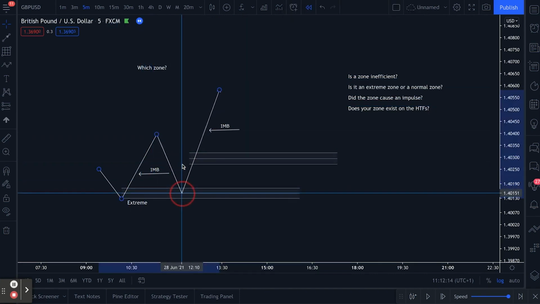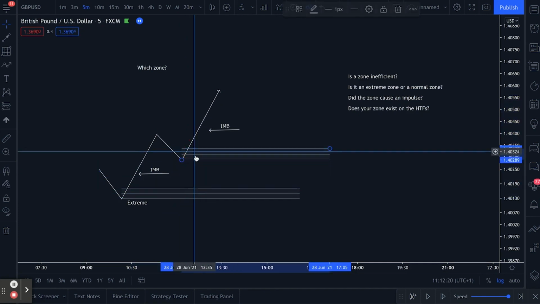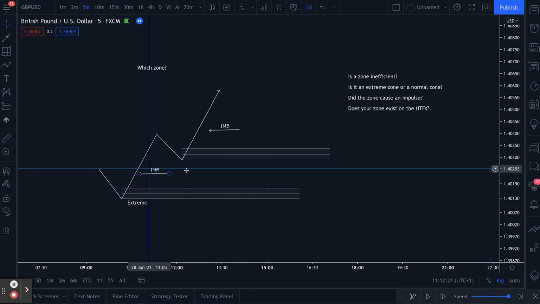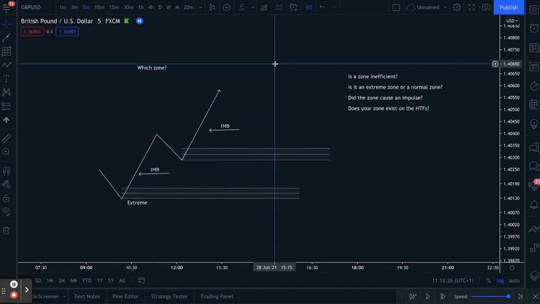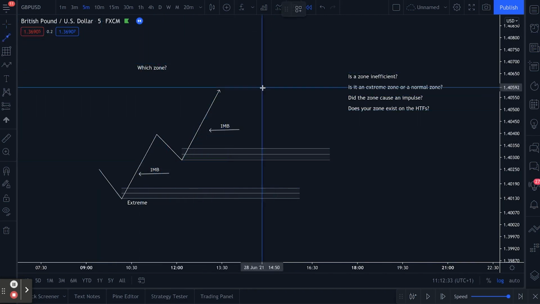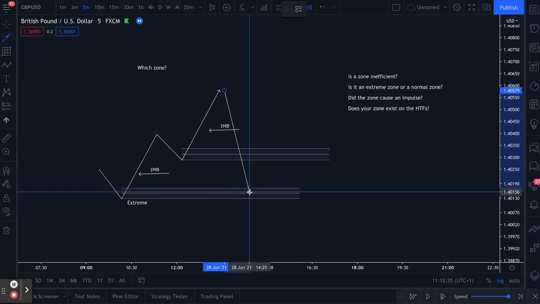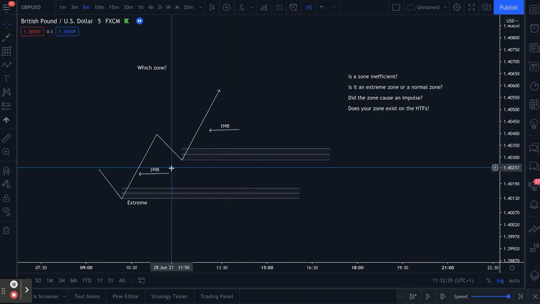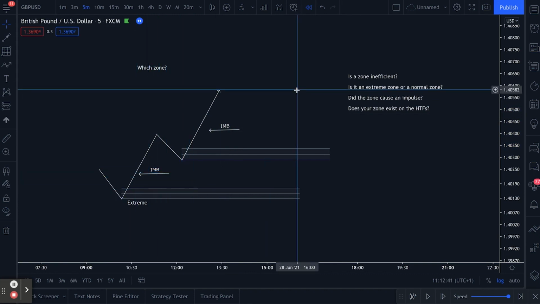When a move does this, it's efficient. But when it fails to return to that demand zone, it leaves an inefficiency in the market or an imbalance in price. So imbalanced zones are much more likely to be refilled. For example, if we have an imbalance here, but we have an imbalance here as well, it's very possible and very likely that the low zone is going to get retested because we still have imbalance and inefficiency to fill.